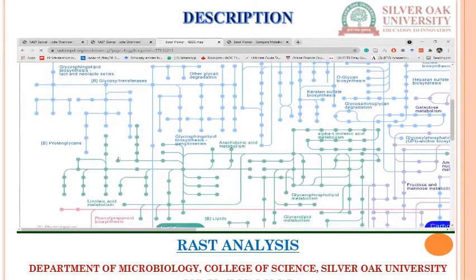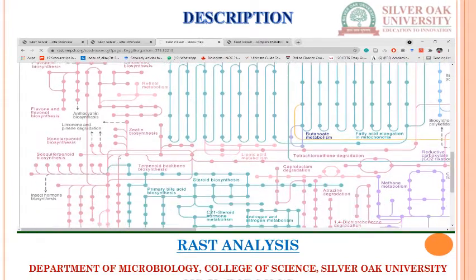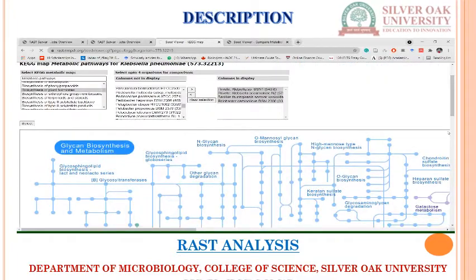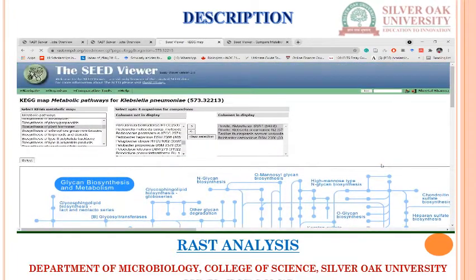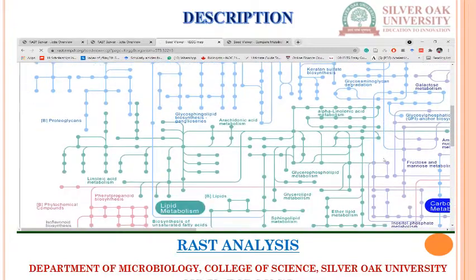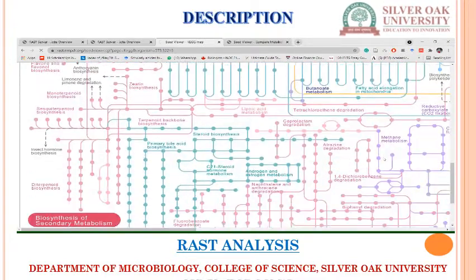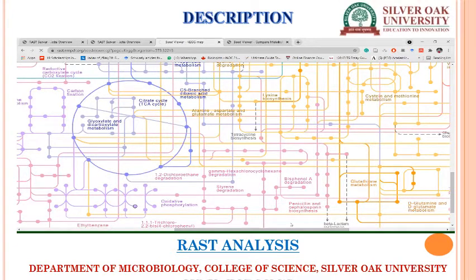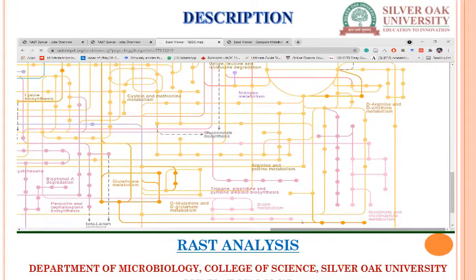Until then, we will see the brief. So this is the KEGG pathway. You can see this is a vast metabolic pathway which is present in bacteria. This is the general common pathway which is generated. It is a vast thing, and it contains different networks.